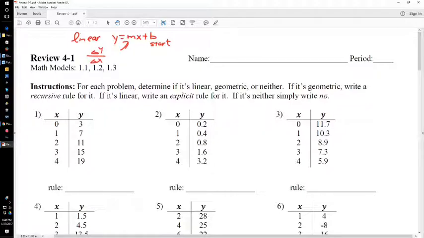All right. For geometric series, we're writing the recursive rule, the rule that relies on the one before it.